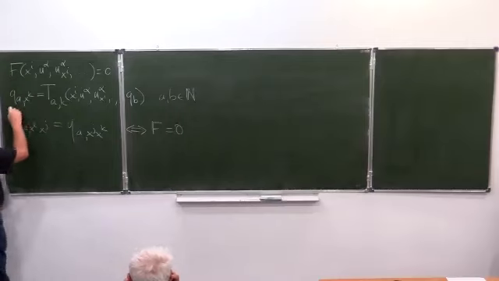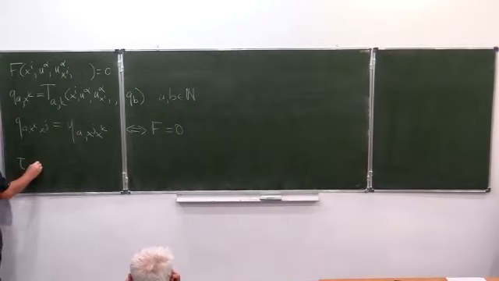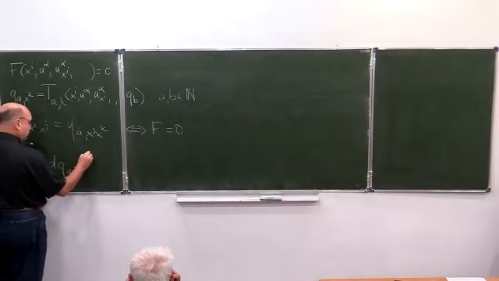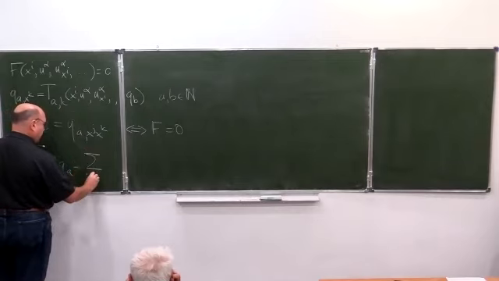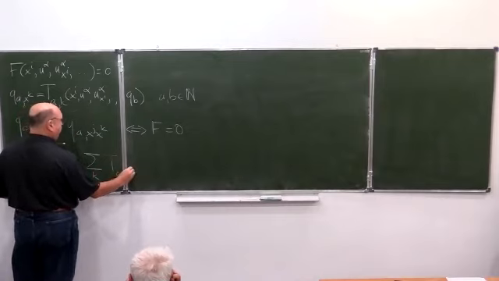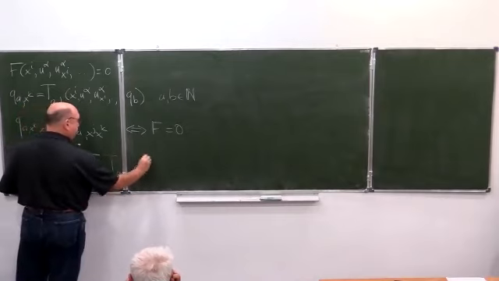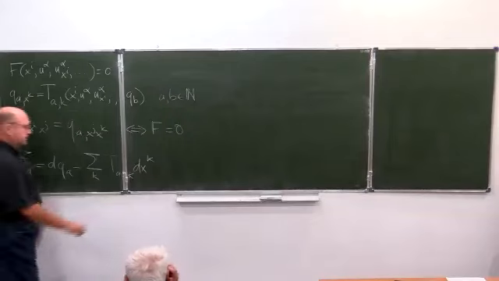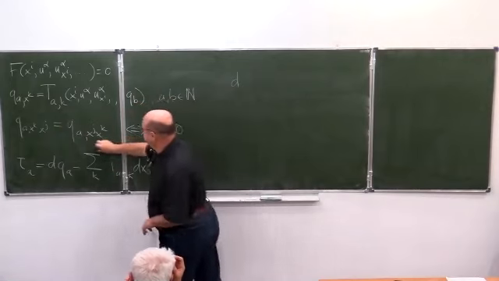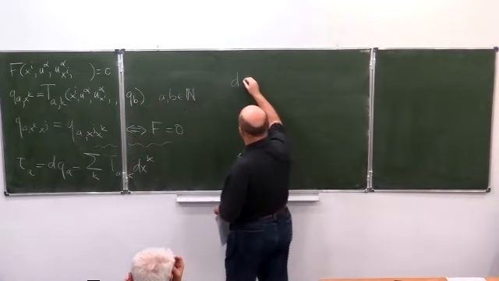In other words, we can reformulate this condition using the notion of Wahlquist-Estabrook forms. Let's consider the following forms, the sum over k of A_k dx^k. Then this condition can be reformulated in the following manner.